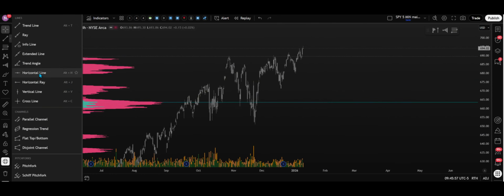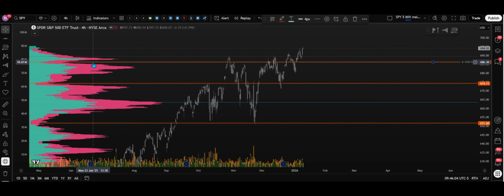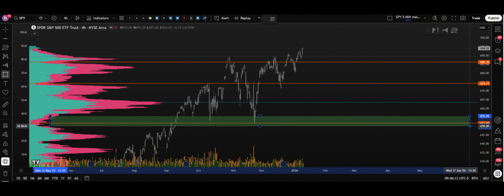You want to go ahead and mark off the low volume nodes. Those are very important. Just like I'm doing here on the screen, those become important support and resistance zones. And if you have a huge gap like this one here, mark that off. That becomes more or less the long-term supply and demand zones, since it's on the bottom.